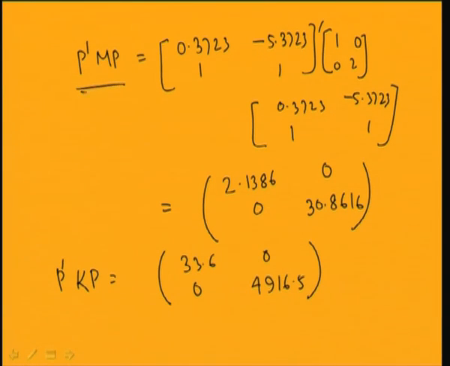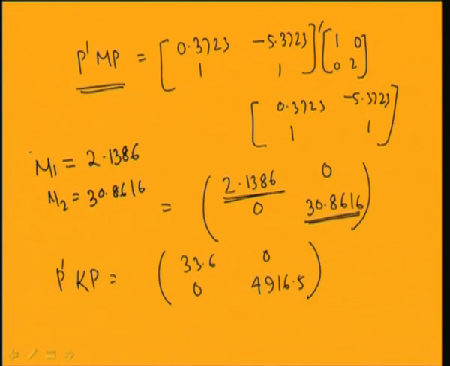So by finding P transpose m P, m1 is this 2.1386 and m2 equal to 30.8616. So I can write this is generalized mass m1 equal to 2.1386 and generalized mass m2 equal to 30.8616.